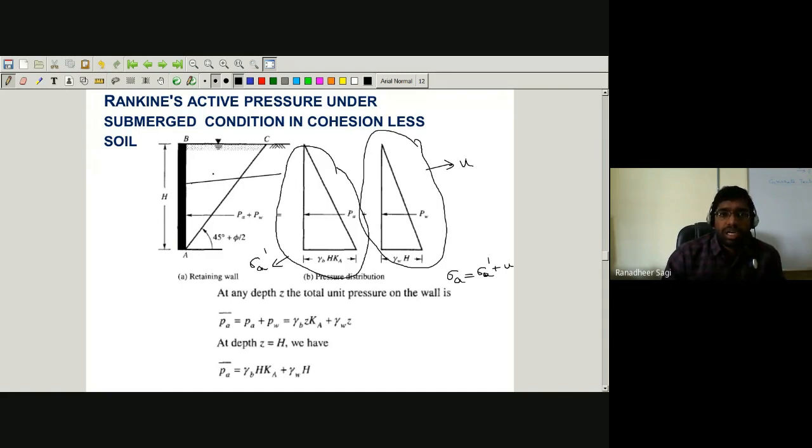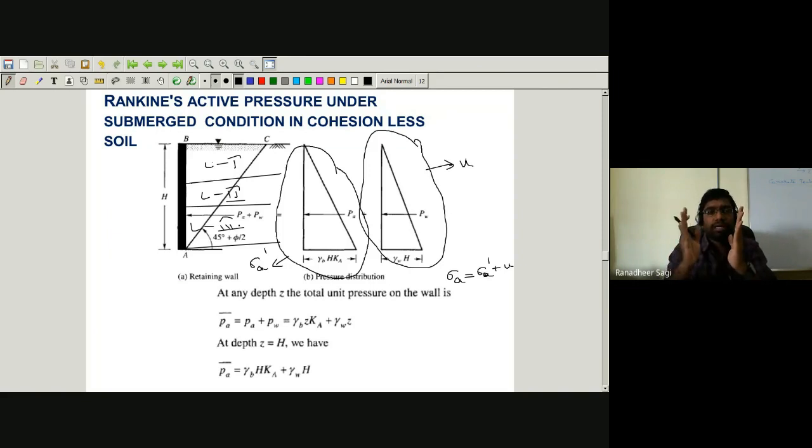Here, soil over this particular depth, I'll call it, let's say, layer 1, and this I'll call layer 2 soil, and the rest is another layered soil. This is layer 3 soil. So what is it that we are ultimately trying to understand here? The soil, whatever we are going to be looking at, is not always uniform. The backfill material, what you are filling on the other side of the retaining wall, may not have a uniform soil throughout. In such a case also, how do we plot your earth pressure distribution diagram?